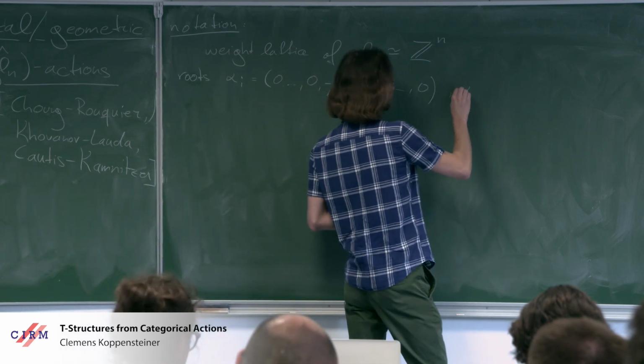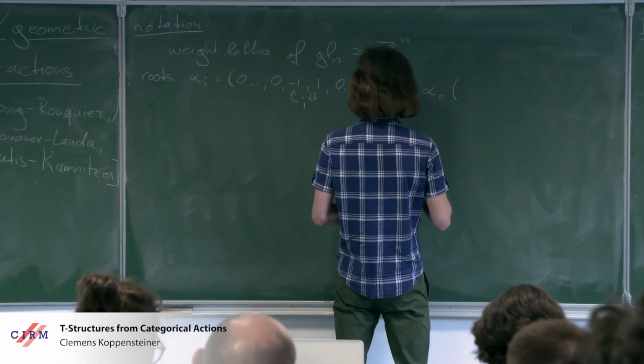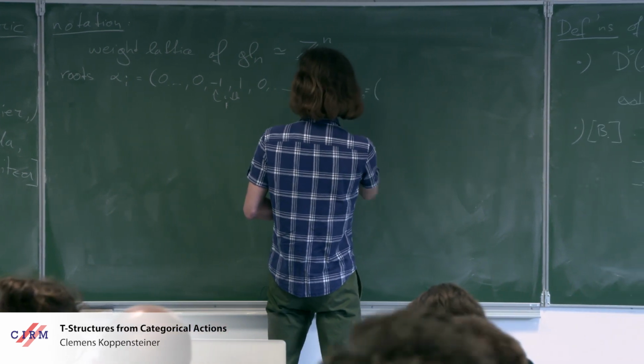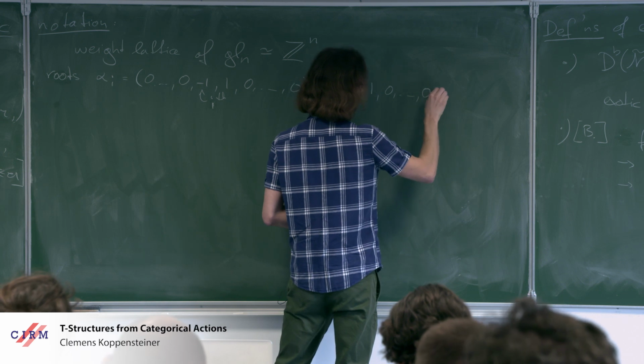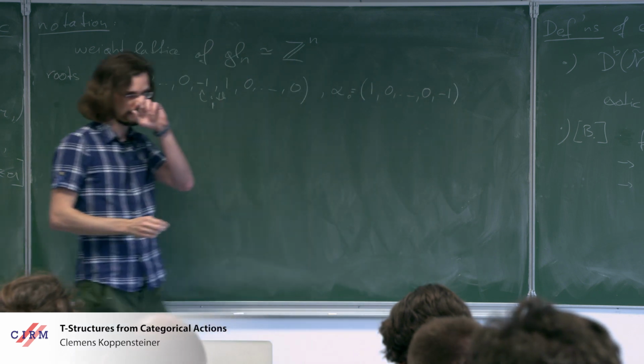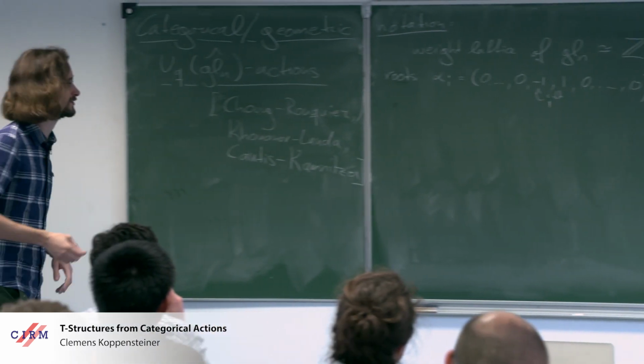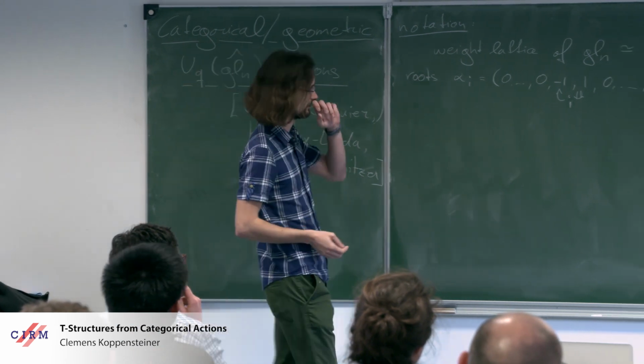And the affine root I'll specify to be 1, a bunch of zeros, minus 1. So I'll look at somewhat specific GLN hat actions.